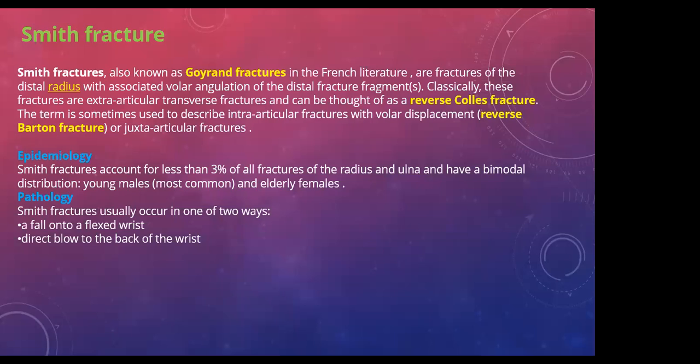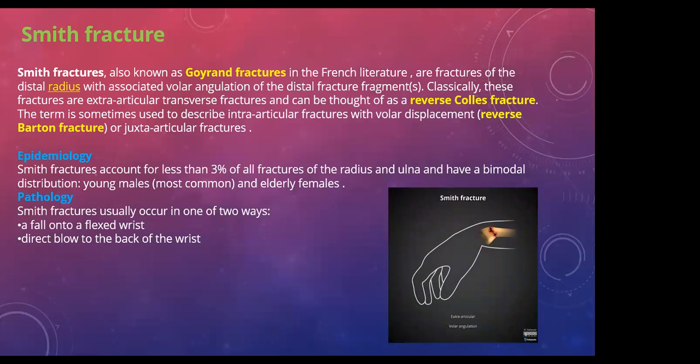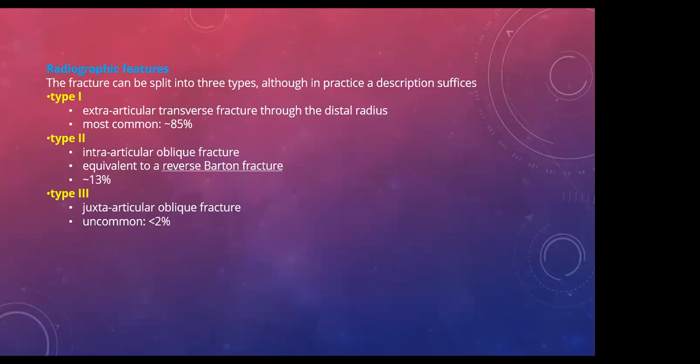Smith fractures usually occur in one of two ways: either a fall onto the flexed wrist or a direct blow to the back of the wrist. Radiographic features are split into three types, although in practice description is sufficient. Type 1: extra-articular transverse fracture through the distal radius.